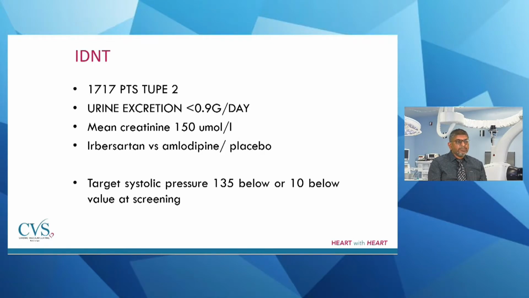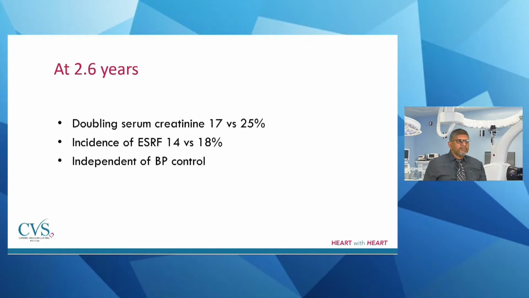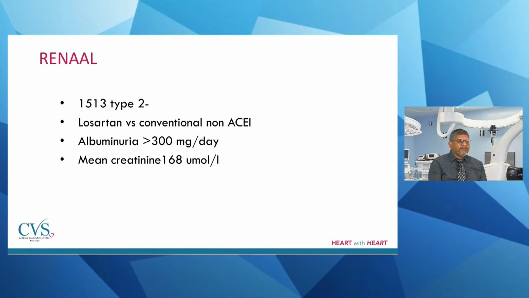They targeted the blood pressure to below 135 or 10% below the value at screening. Then at 2.6 years, the irbesartan group had significantly lower loss of renal function, less people went on to dialysis, and this was independent of blood pressure control.